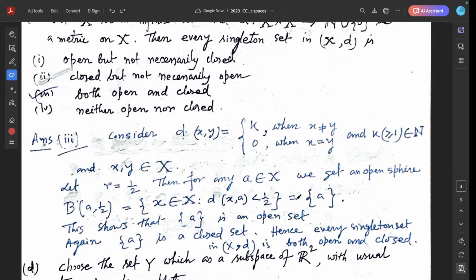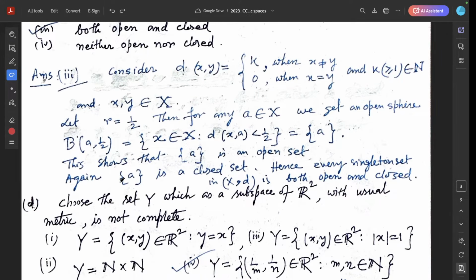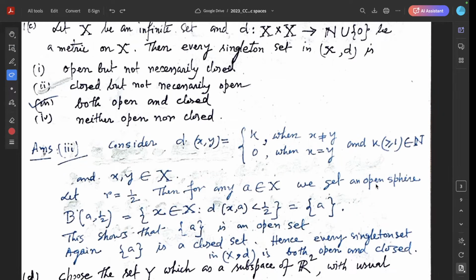So obviously this equals the singleton set {a}, and this shows that the singleton set {a} is an open set. Again, this singleton set is also a closed set. Hence, every singleton set in this metric space (X, d) is both open and closed.